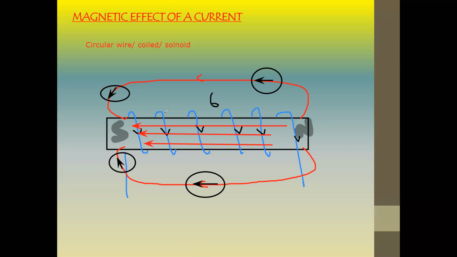But what will happen if I increase the number of loops? If I increase the number of loops, the strength of the magnetic field will also increase. So the strength of the magnetic field for a coiled wire depends on how much current we are passing and the number of loops.